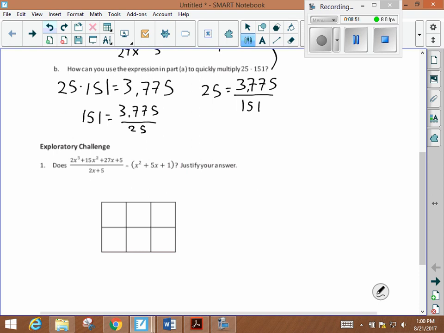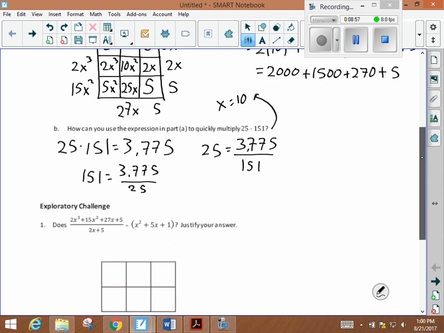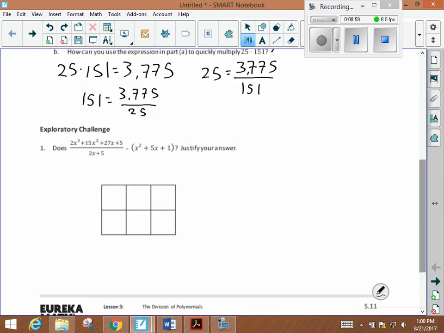Well, let's see. How are we going to find that out? It looks like we're prompted to use the tabular method to multiply this. So let's do it.